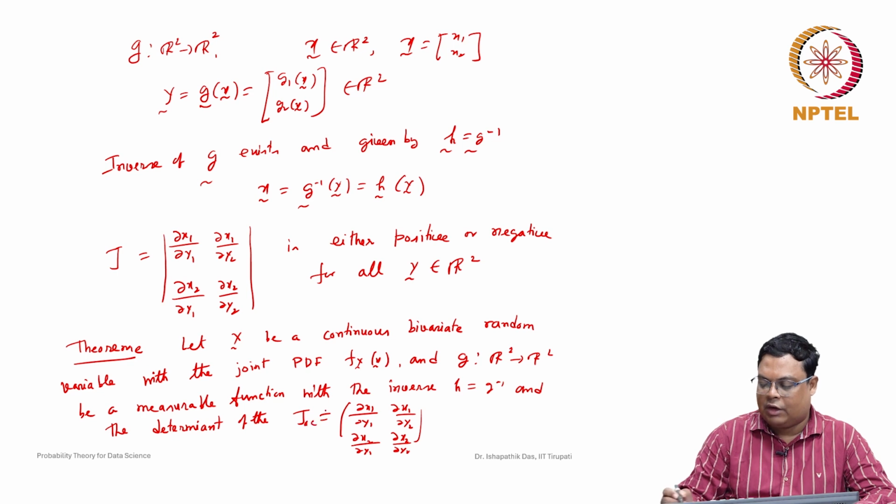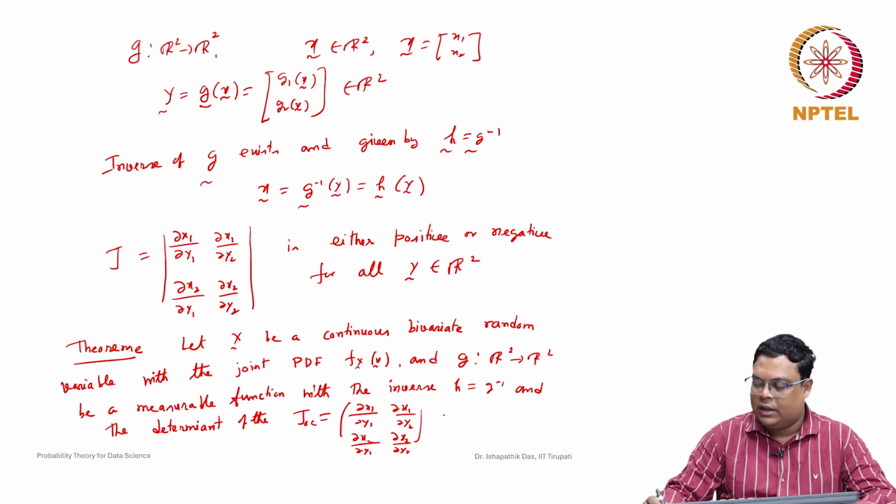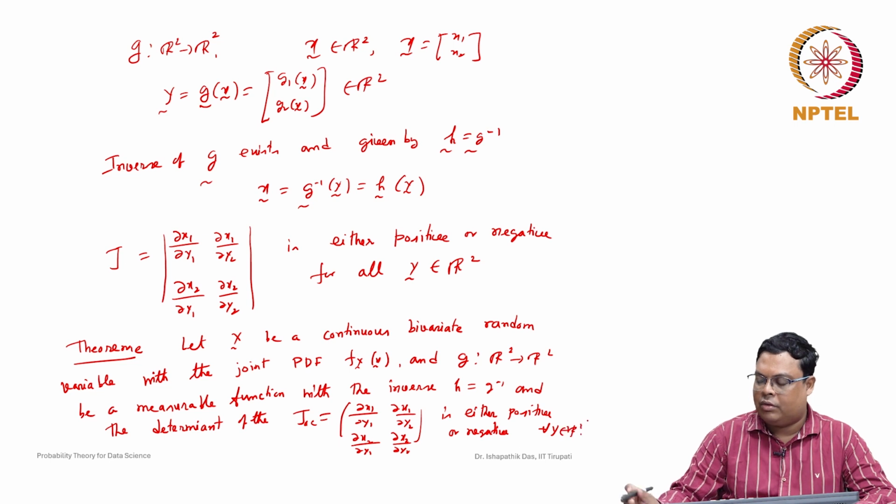So let us write that the Jacobian is either positive or negative for all y belongs to R2.